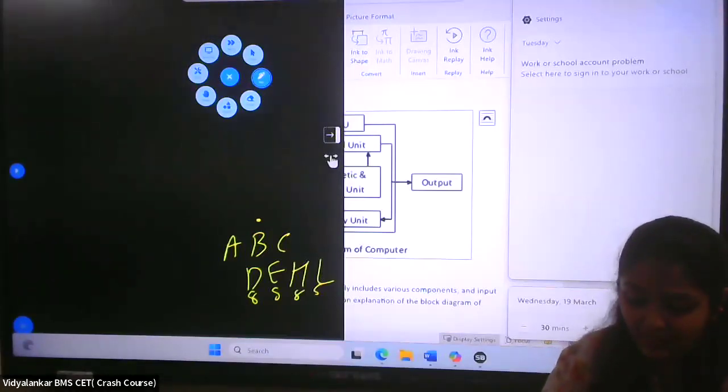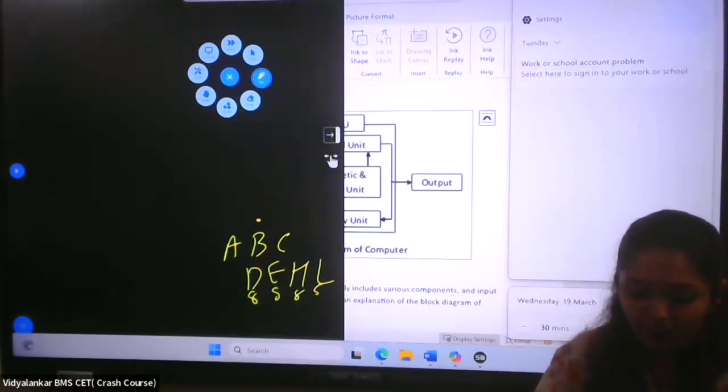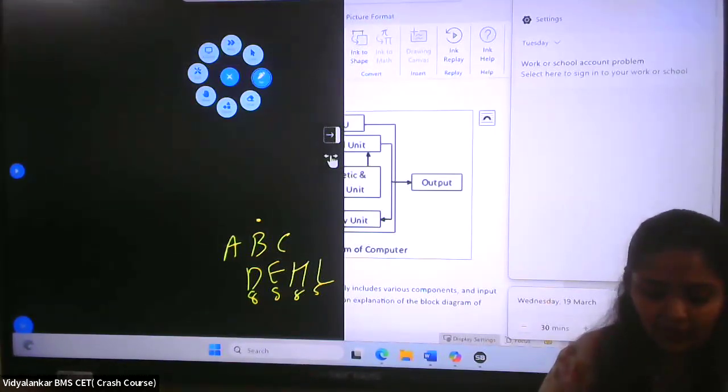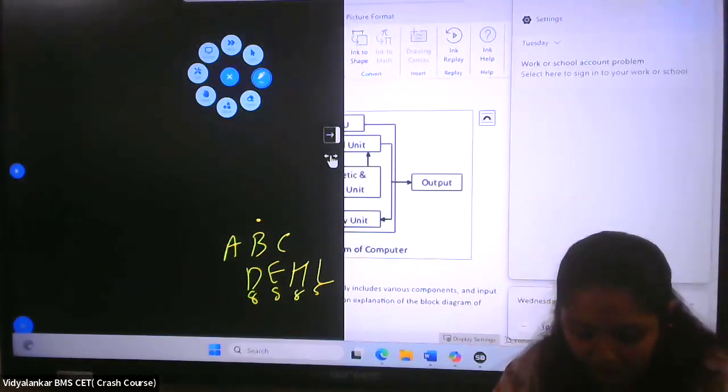Next is, what is the overall term for creating, editing, formatting, storing, retrieving, and printing a text document? Yes, it's the first one, word processing. Online, I hope even you are marking it. Yes, that's correct. Then what happens when you click on insert picture and clip art?